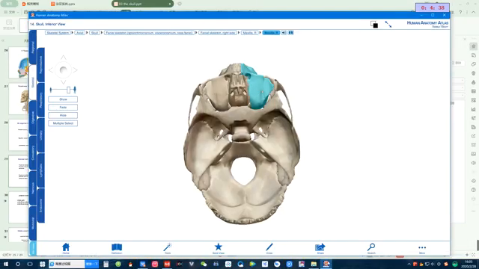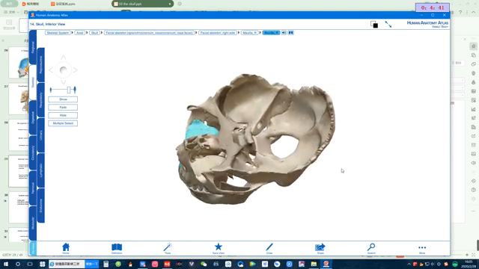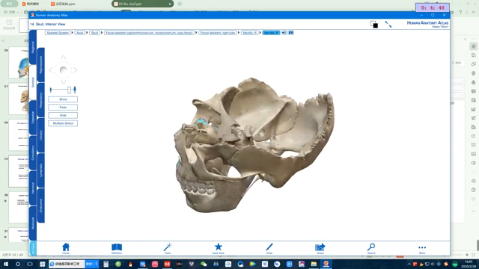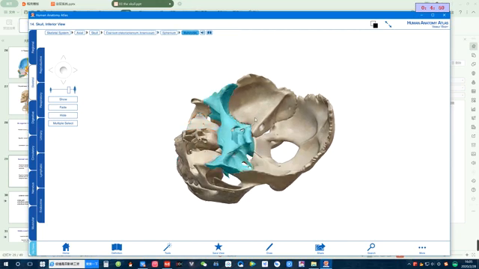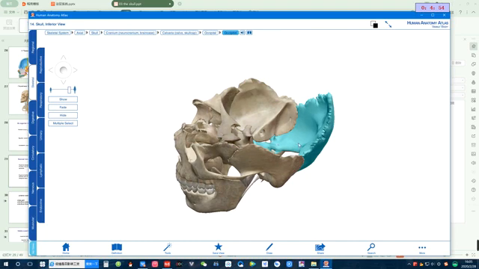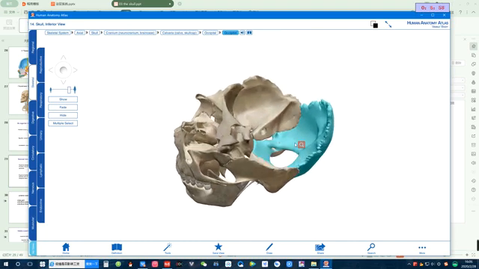Now let's see the lateral view, the depth of them. Here the anterior cranial fossa is superficial, the middle fossa is deeper, and the posterior fossa is deepest. So they are not on the same level; from anterior to posterior, they get deeper and deeper.